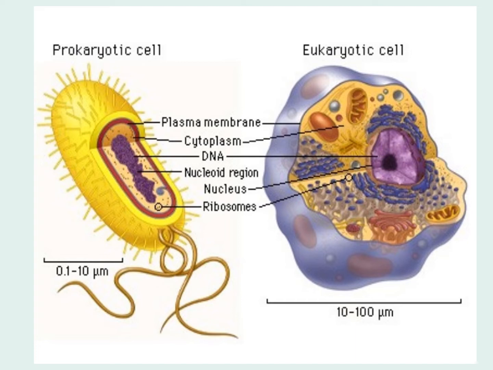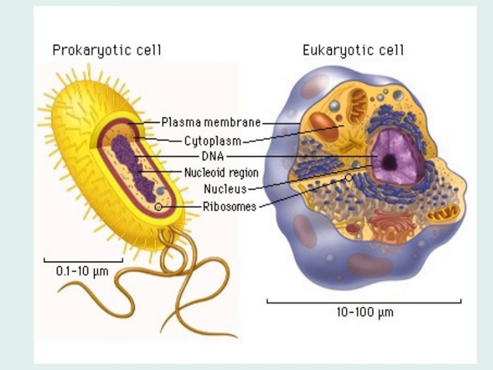But you'll notice that there isn't that defined nucleus that you will find in the eukaryotic cell. So both of them have got a cell membrane, which is also known as a plasma membrane. Both of them have got cytoplasm. Both of them contain DNA, but the DNA in a prokaryotic cell is just in a region. So it's called the nucleoid region.